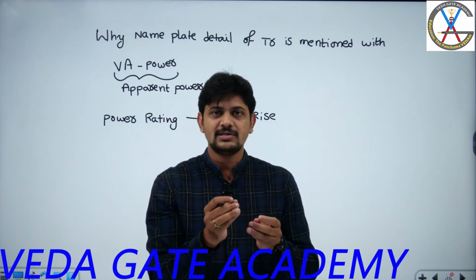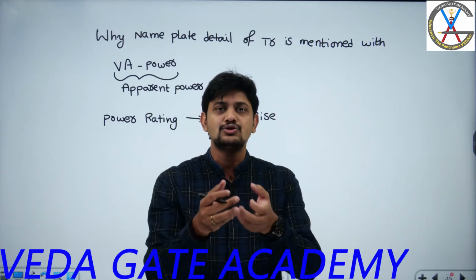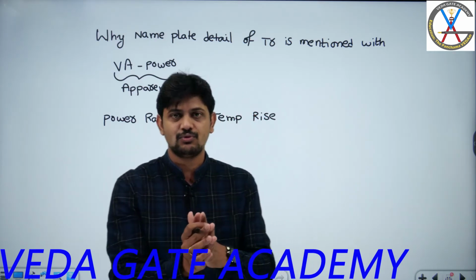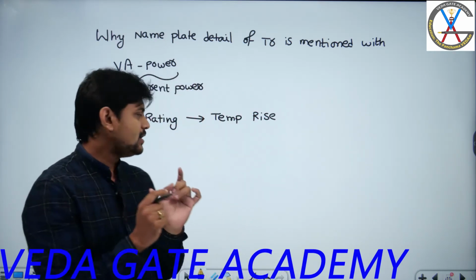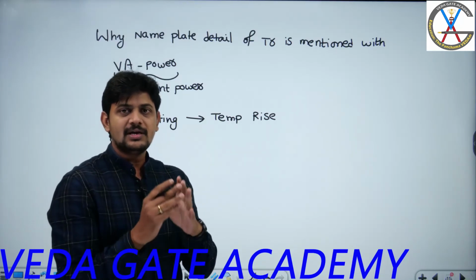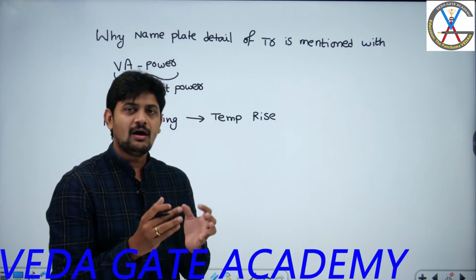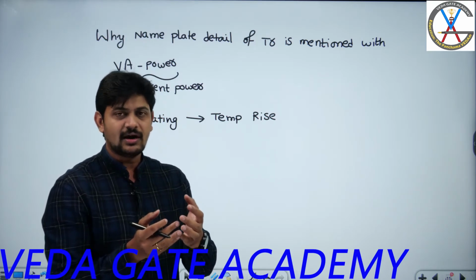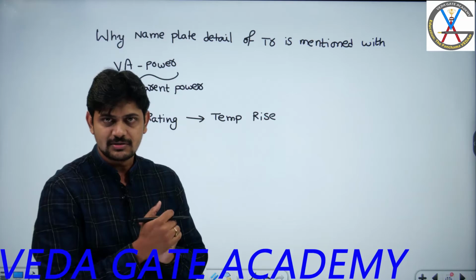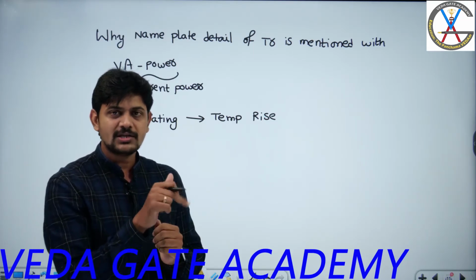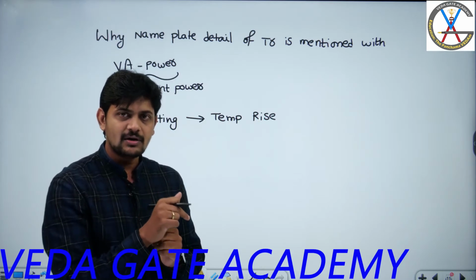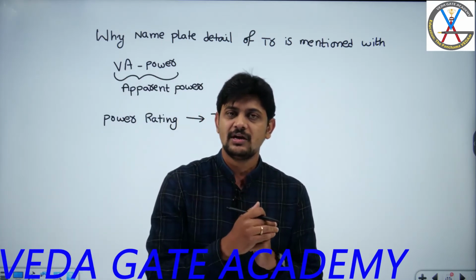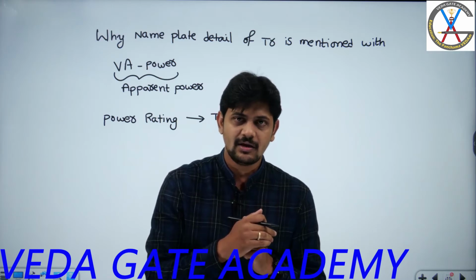So we have to design the transformer, or the rating of the transformer, in such a way that it withstands the maximum temperature, or the temperature rise should be less than the maximum withstanding capacity of all the metallic parts. Okay, maximum withstanding capacity. Are you following?